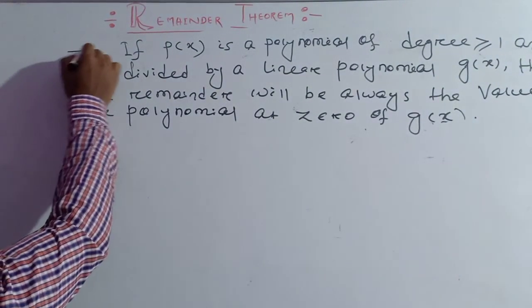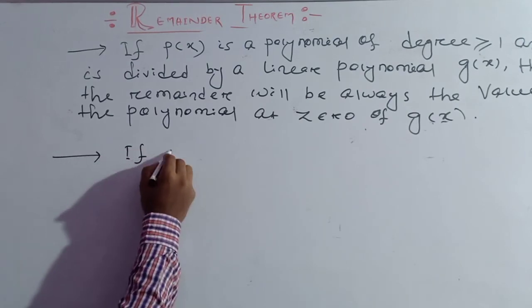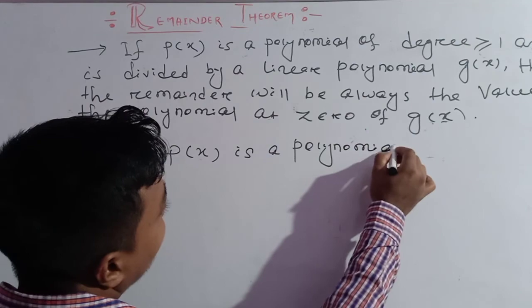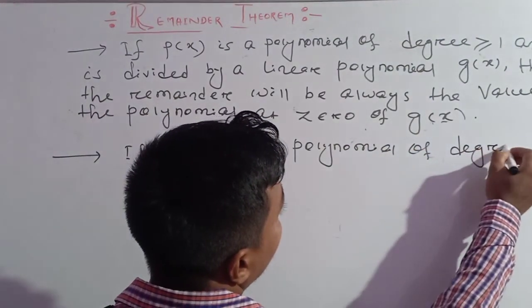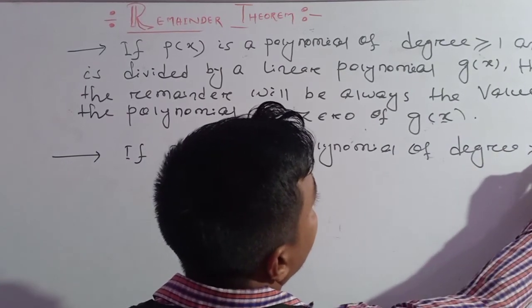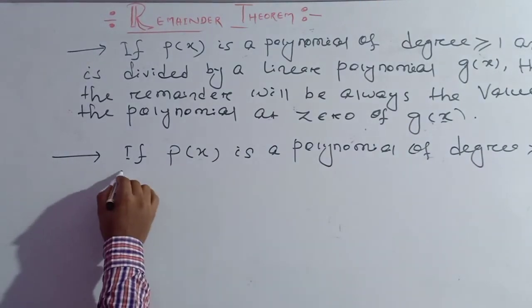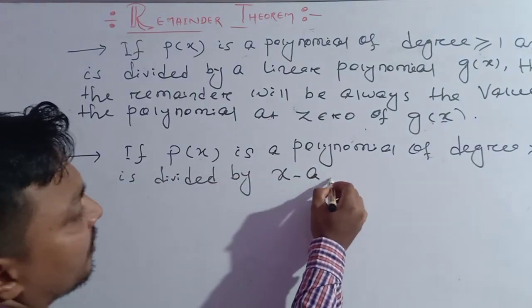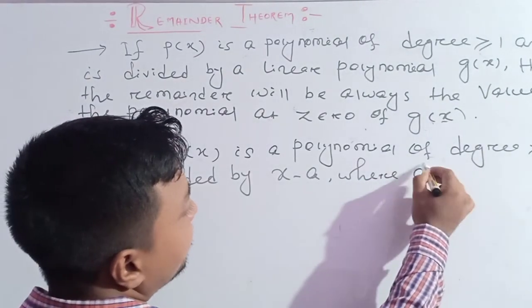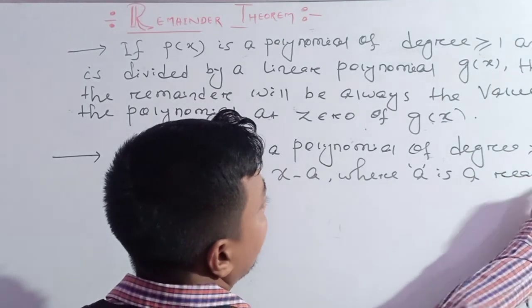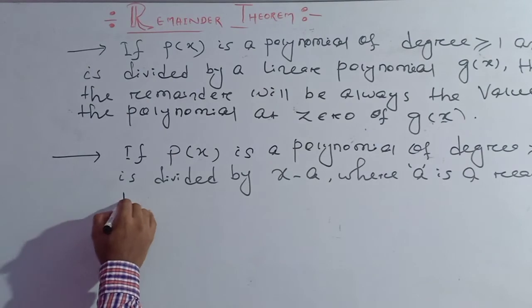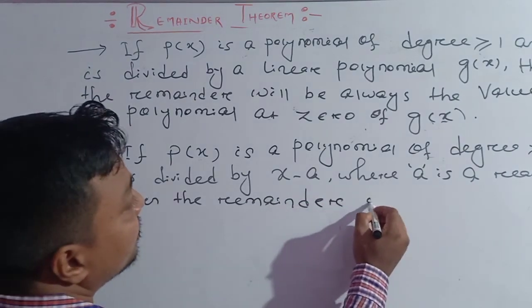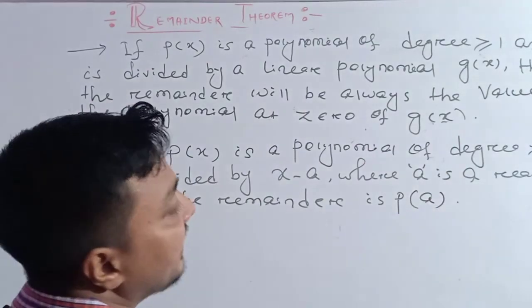So once again, the same thing I am writing as the remainder theorem statement. Listen, here is one I have written, here is another. Here I am writing: if p(x) is a polynomial of degree more than or equal to 1 and it is divided by x minus a, where a is a constant, a real number, then the remainder is the polynomial value at a, otherwise directly I can write it as p(a).